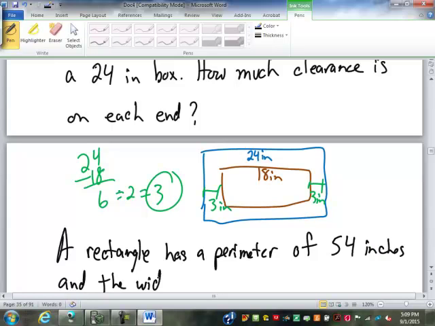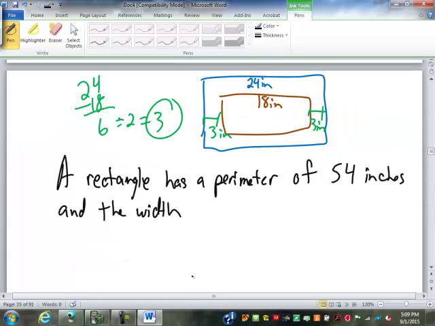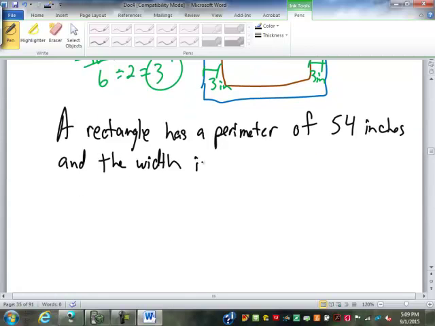So if a rectangle has a perimeter of 54 inches and the width is 11 inches, what is the length?